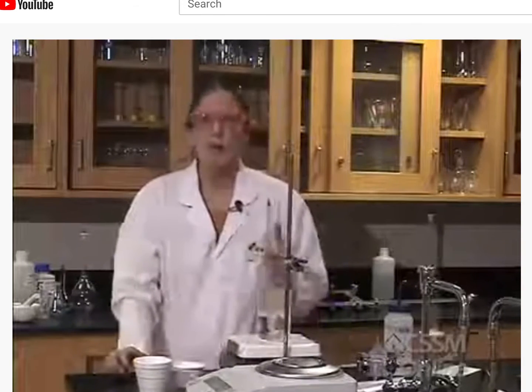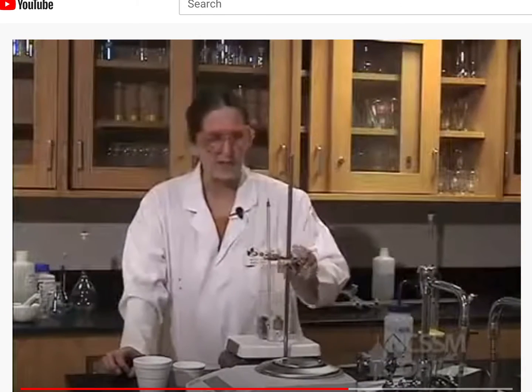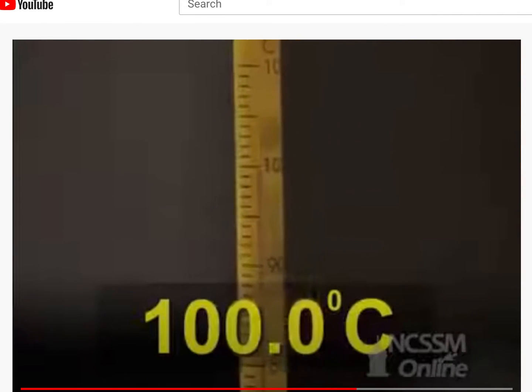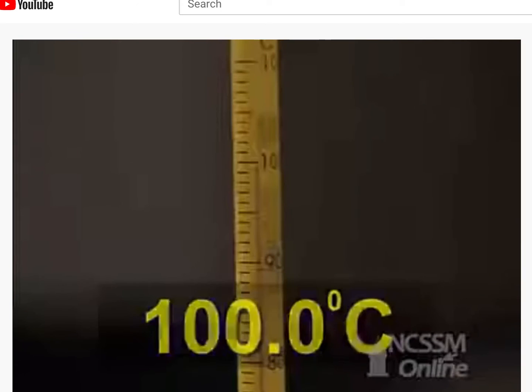I think we've waited long enough to be confident that our metal and our water are at the same temperature. Our temperature is exactly 100 degrees. In fact, 100.0 degrees. That's the answer for letter J.